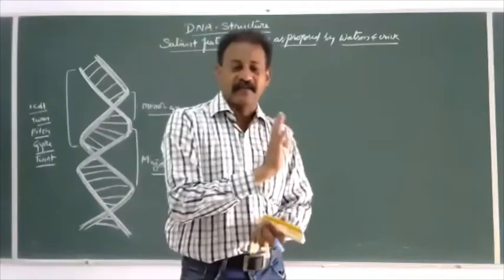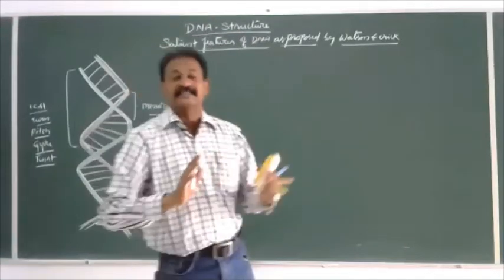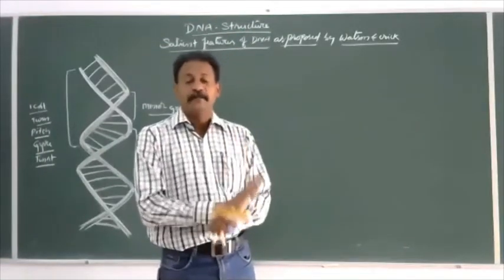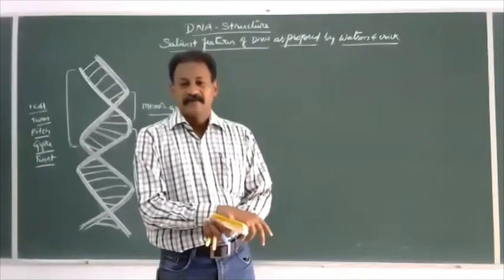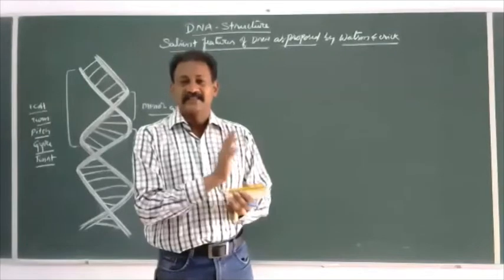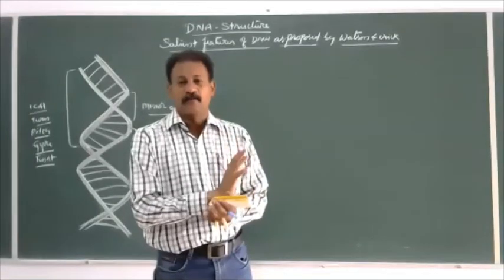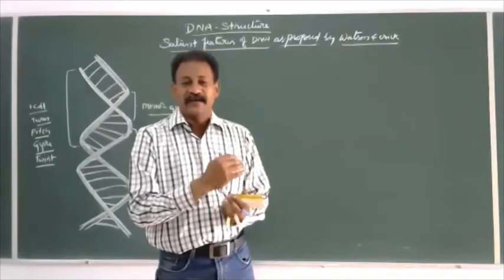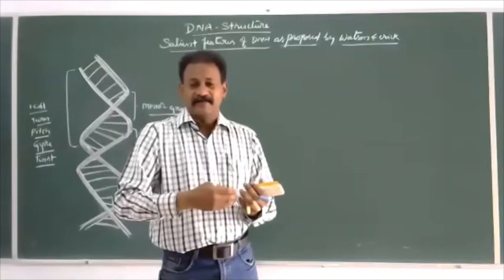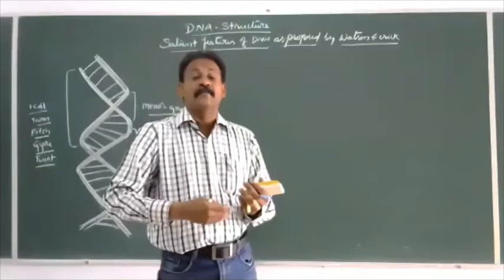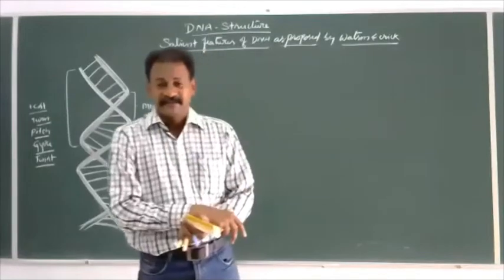These three chemical components join in such a way to form a nucleotide. This nucleotide is called a monomer. Many such nucleotides are joined end to end, one above the other, to form a polynucleotide chain.